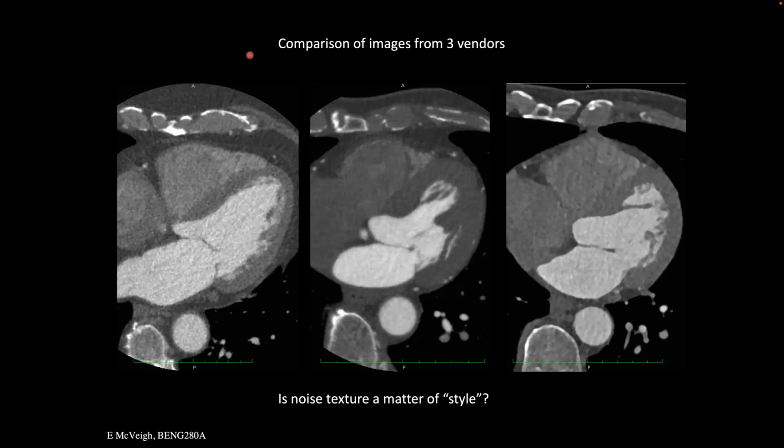So when you buy these systems, your head of CT or whoever basically looks at pictures coming from the system and bases their decision on which system they want mostly on how comfortable they are with the appearance of the image, right? And we've gone through a lot of development of what is the modulation transfer function of this scanner.